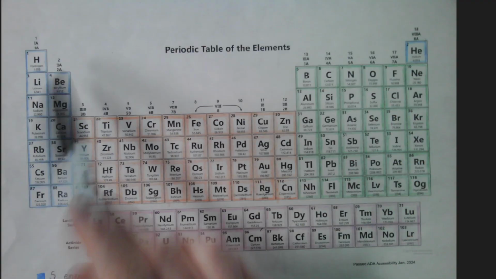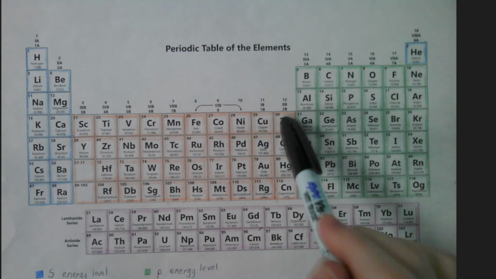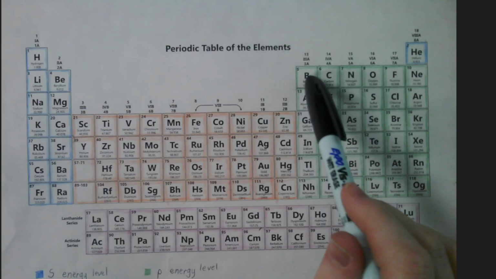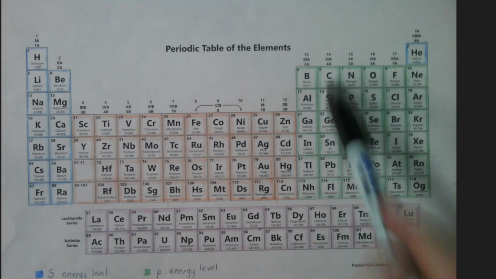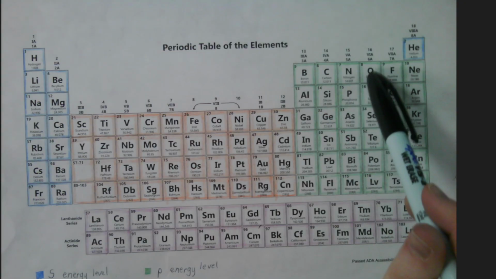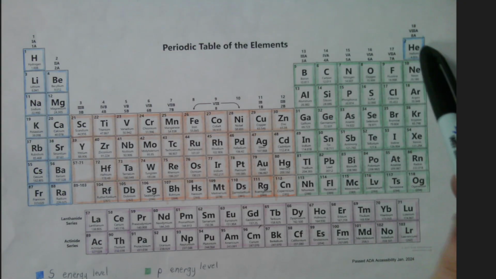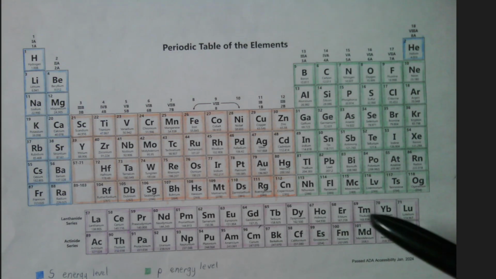So this one is number 1, number 2. These are 3 through 12. This is 13 or 3A, 14 or 4A, 15 or 5A, 16 or 6A, 17 or 7A, and then 18 or 8A on the periodic table.